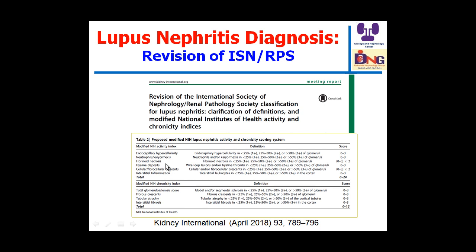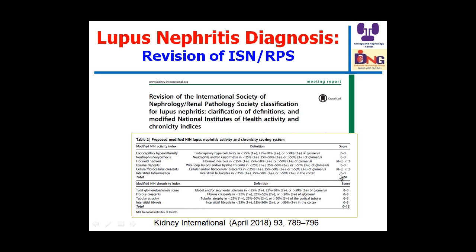Fibrinoid necrosis stands alone as a reflection of necrosis, and the score is multiplied by 2. Hyaline deposits from 0 to 3. Cellular and/or fibrocellular crescents, and the score is multiplied by 2. Interstitial inflammation is scored from 0 to 3.